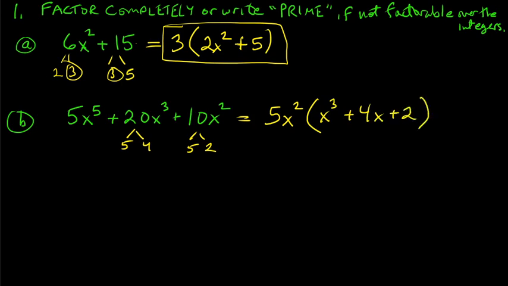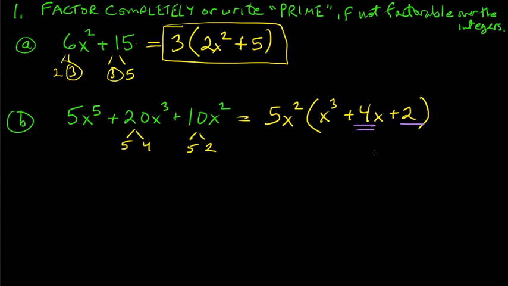Okay. Now, what's in the parentheses, this is a trinomial. And so you might think it's factorable in some way or another. But notice this is x cubed, not x squared. And even if it were x squared, what two numbers multiply to 2 and add to 4?